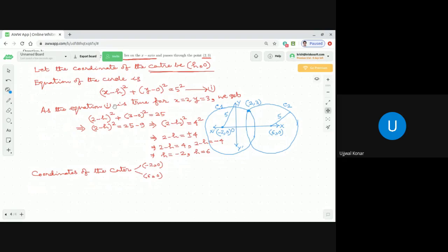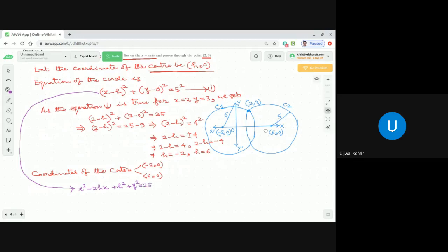from this equation, let me use a different color. From equation 1, what we are going to write is x square minus 2 into h into x plus h square plus y square is equal to 25.